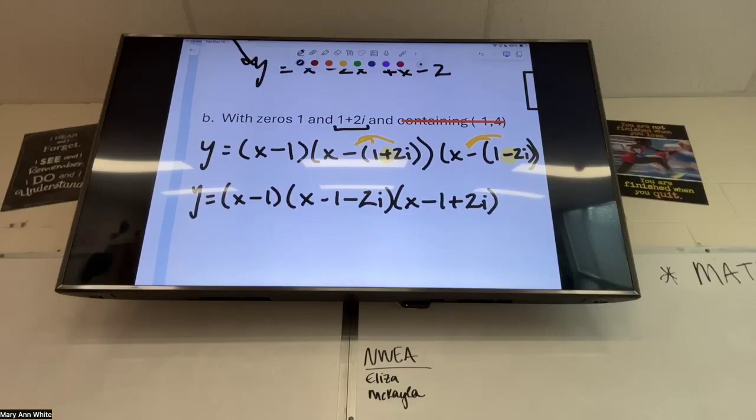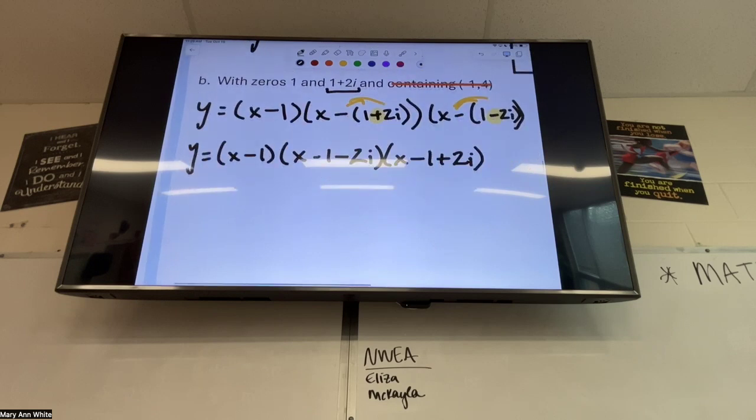I like to get rid of my i's first. So we're going to essentially FOIL, but I have to multiply everything by everything. So x gets multiplied by everything in the second parentheses. -1 gets multiplied by everything in the second parentheses. And then -2i gets multiplied by everything in the other parentheses.